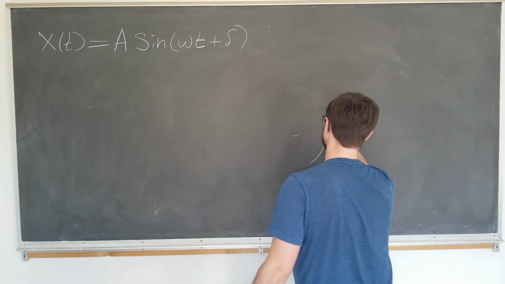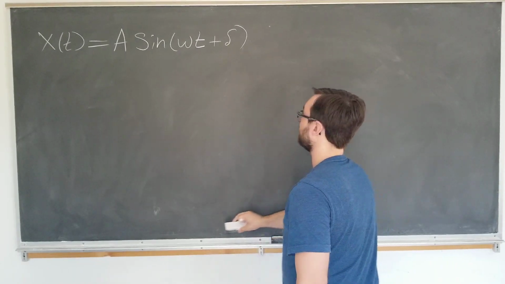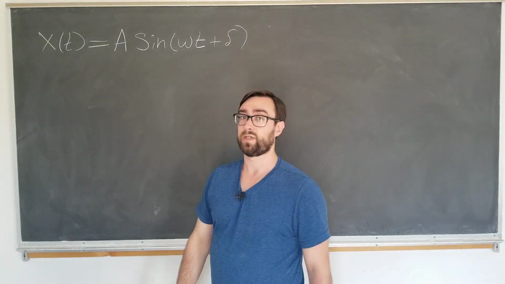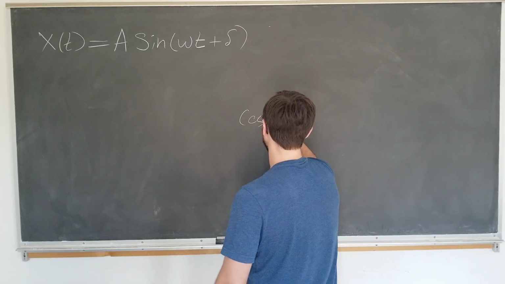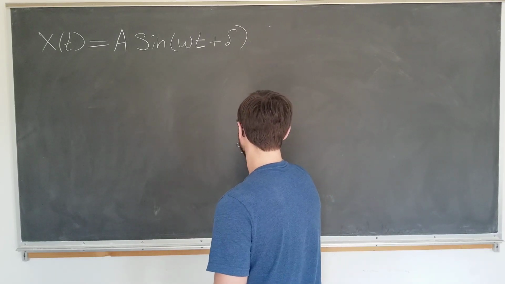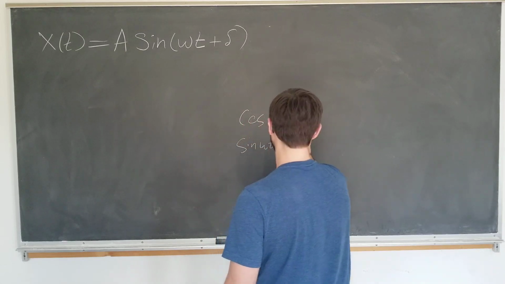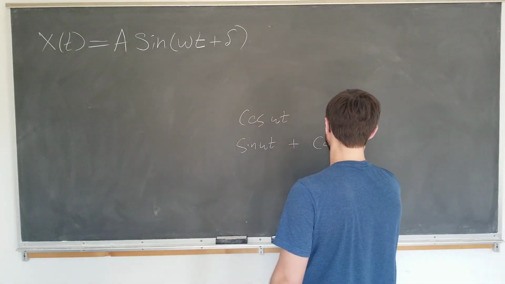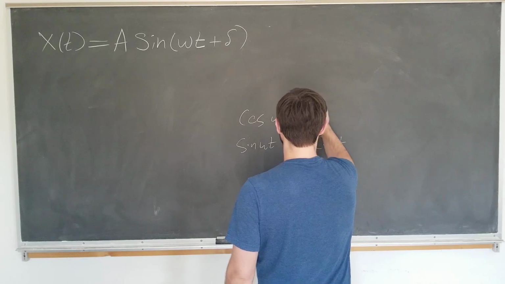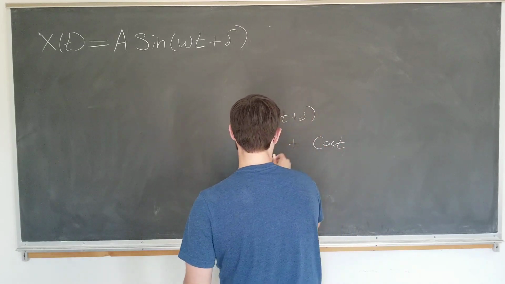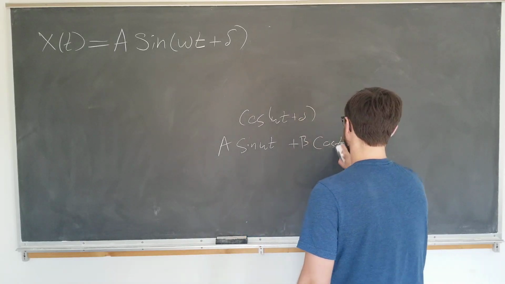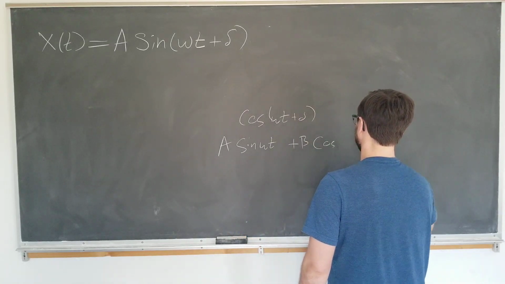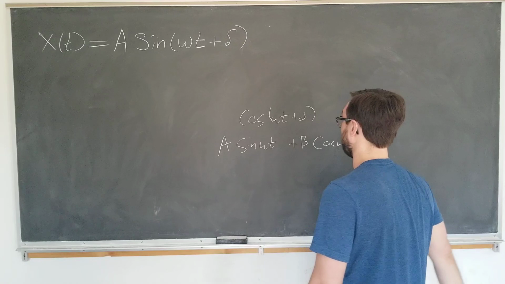There are of course other ways to write it. You could easily write this in terms of a cosine, and you could even write this as sine of omega t plus some other constant times cosine of omega t. So you could also write it like this, some constant plus some other constant, if you wanted to have a pure trigonometric form.